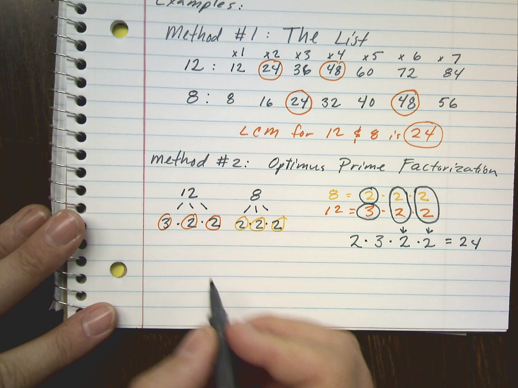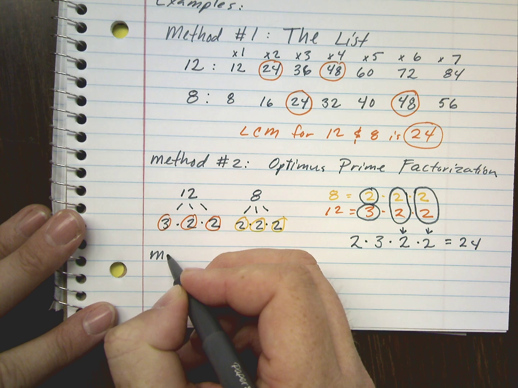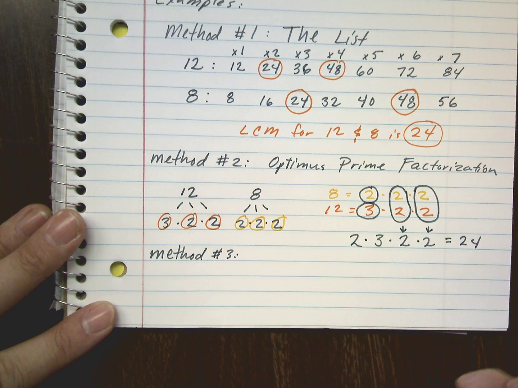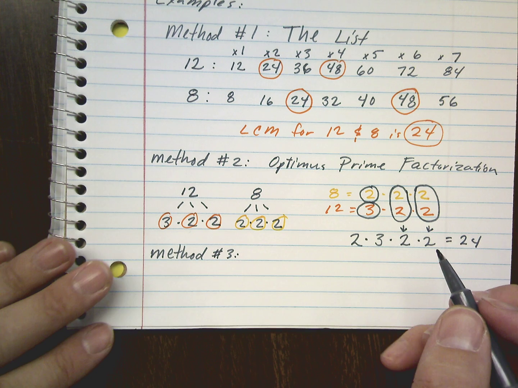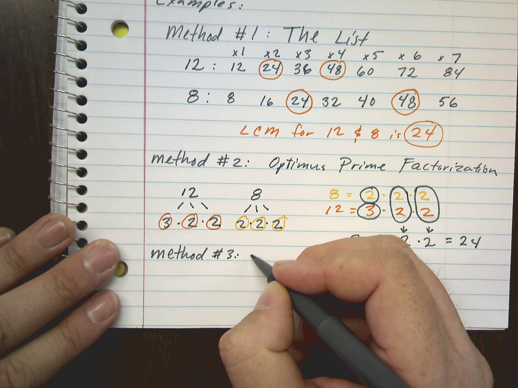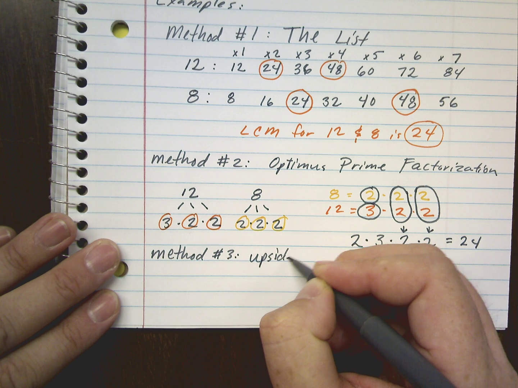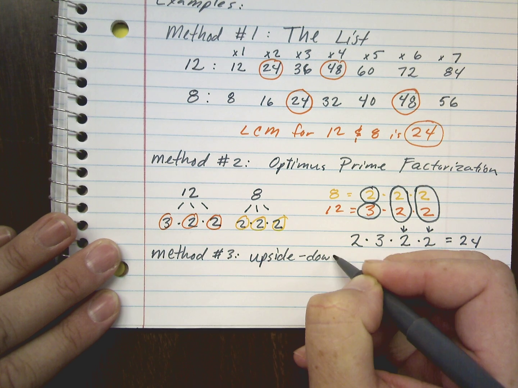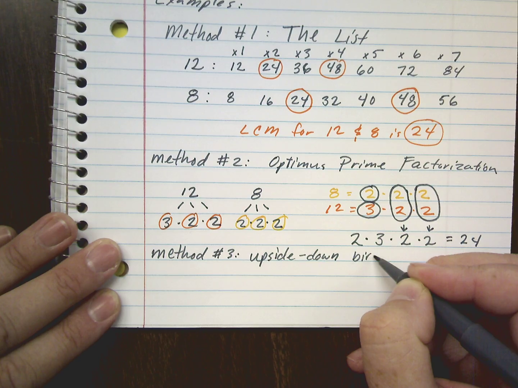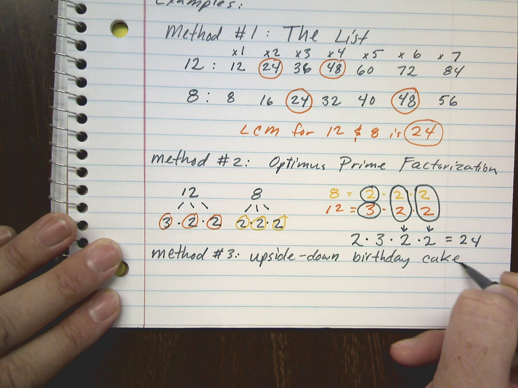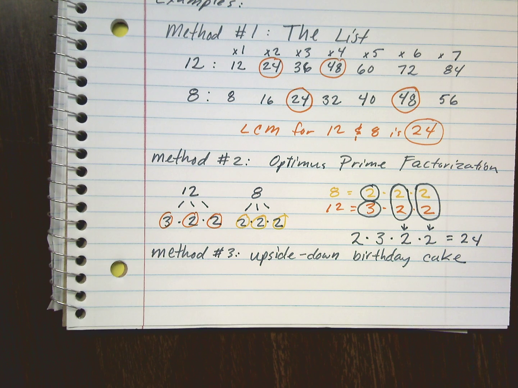I'm going to use method number 3. And method number 3, some people call it the upside down birthday cake, and I actually like this method quite a bit.